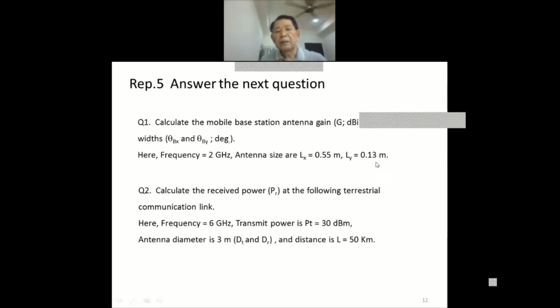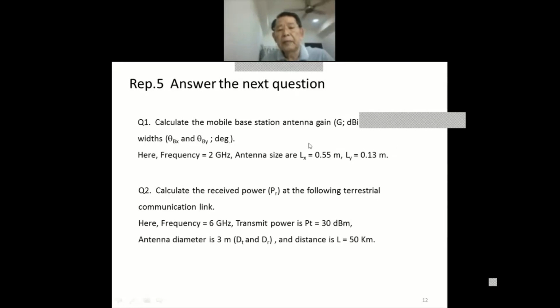This is a practically used base station in mobile communication. Corresponding to the vertical length, there is a vertical beam width, and corresponding to the horizontal size, there is a horizontal beam width.